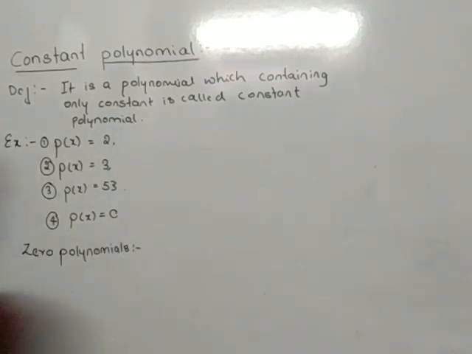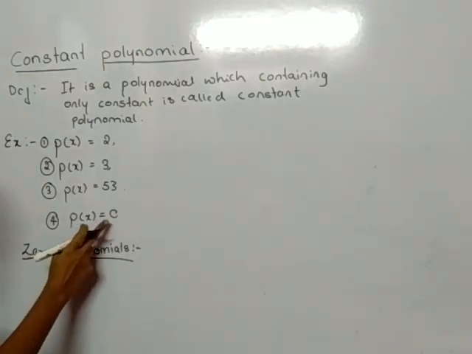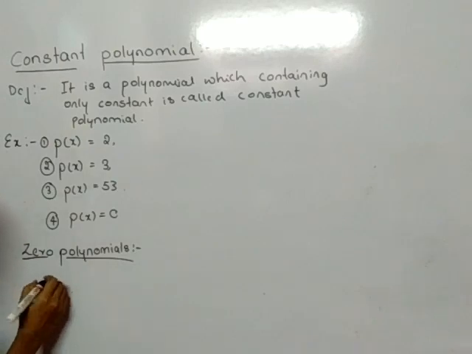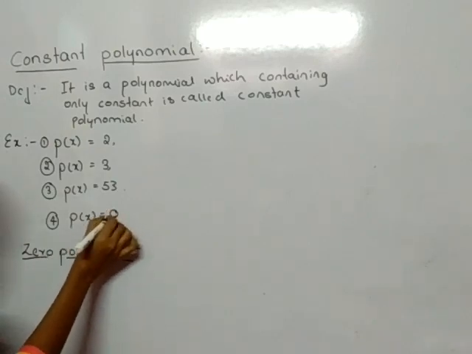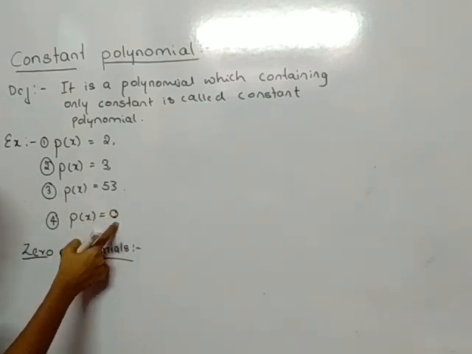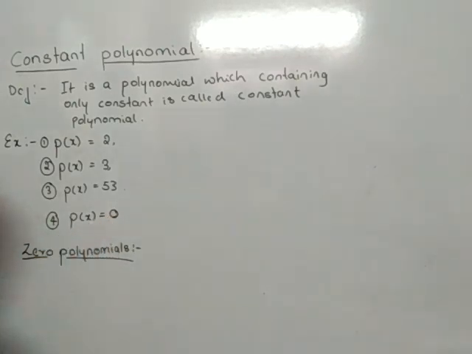Again, we'll write the definition for the zero polynomial. The constant polynomial 0, this is a polynomial, right? This constant polynomial 0 is called what? A zero polynomial.